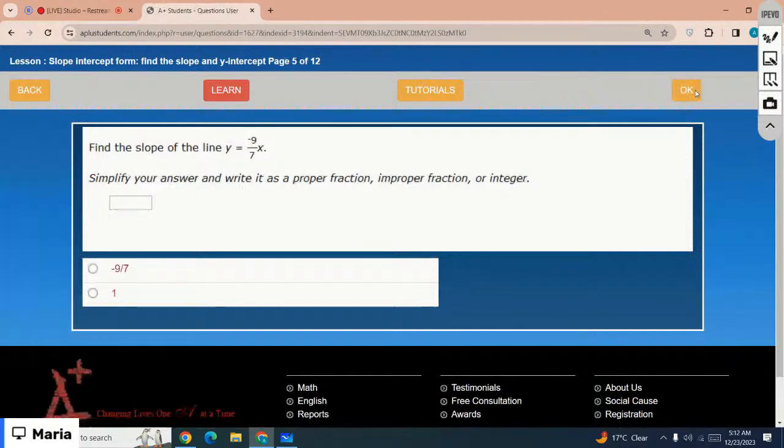Find the slope of the line y equals negative 7 over x. Which is the correct option? Which is the slope of the line?